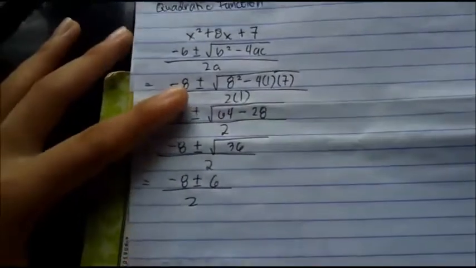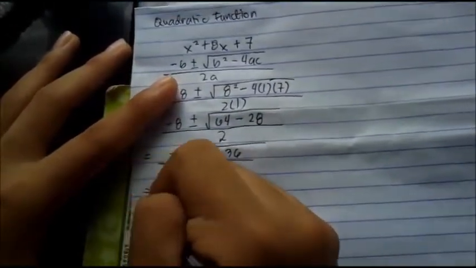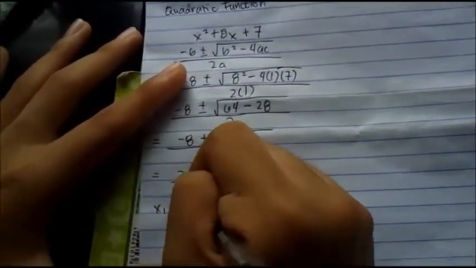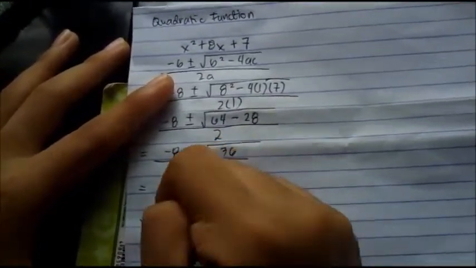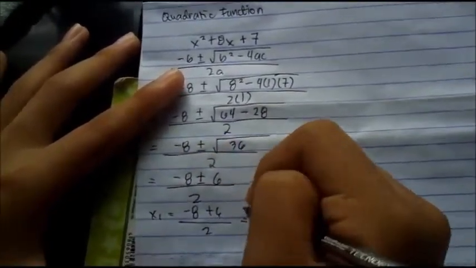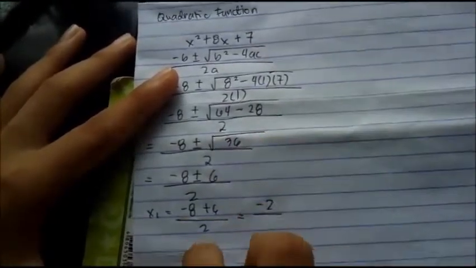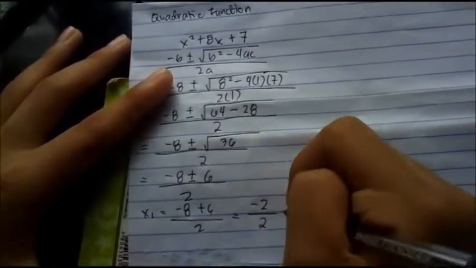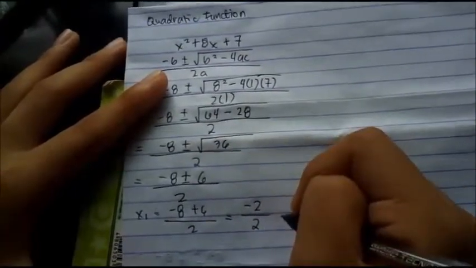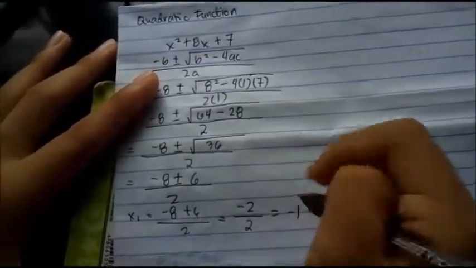So again, let's substitute. x1 equals negative 8 plus 6 over 2. Negative 8 plus 6 equals negative 2. Then copy the denominator 2. Negative 2 divided by 2 equals negative 1.